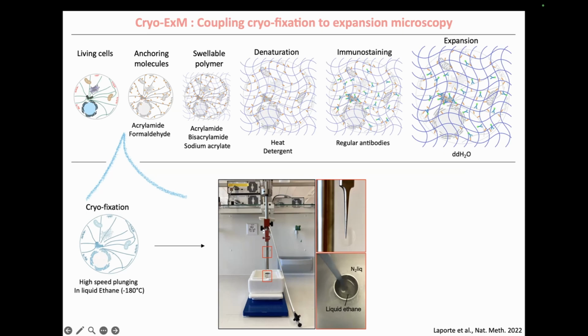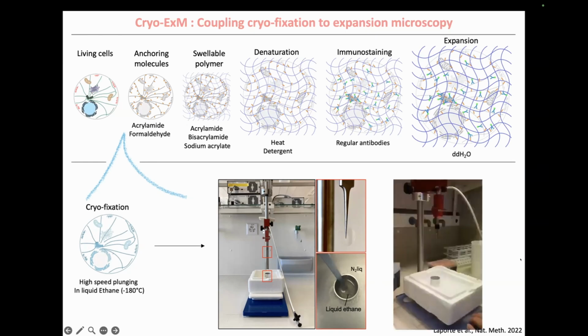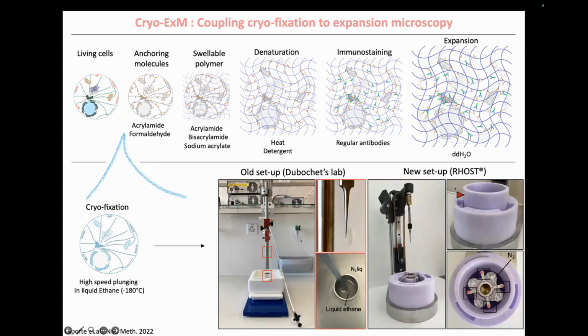You can just activate it by this little button, and then it will plunge into a containment in which I just put liquid ethane, chilled by liquid nitrogen. Here I just want to show you how it was when I started, the slow motion of the setup being activated. As you can see, the organization of the whole setup was completely empirical and not extremely well established. You could see that the movement and everything is jumping because of the action.